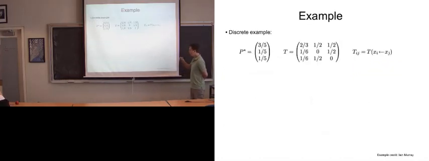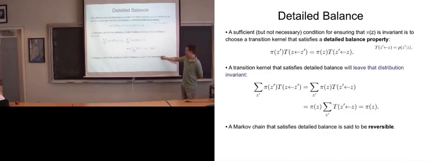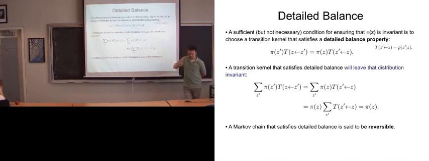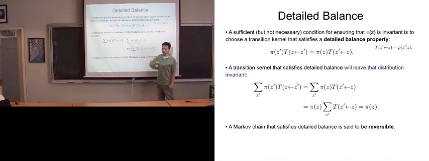A Markov chain that satisfies the detailed balance property is said to be reversible. So these are known as reversible Markov chains. It's not a necessary condition, but it's a sufficient condition for leaving pi invariant. So sometimes people design certain transition operators and ask whether these transition operators leave the pi distribution invariant.